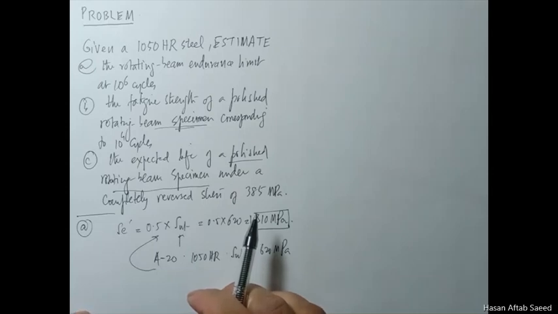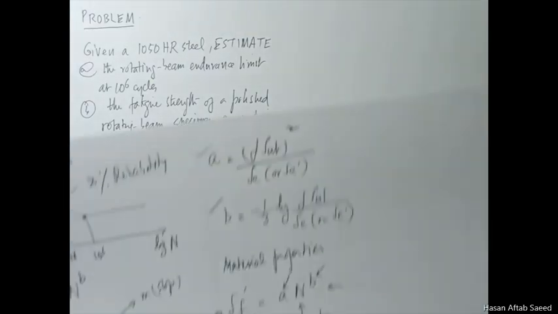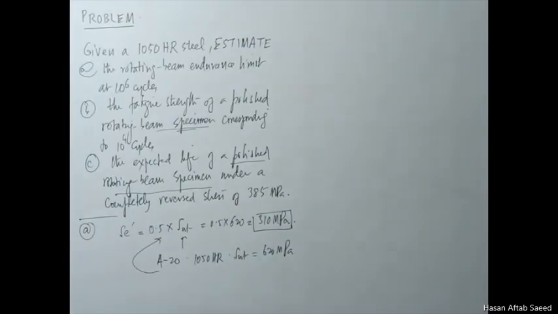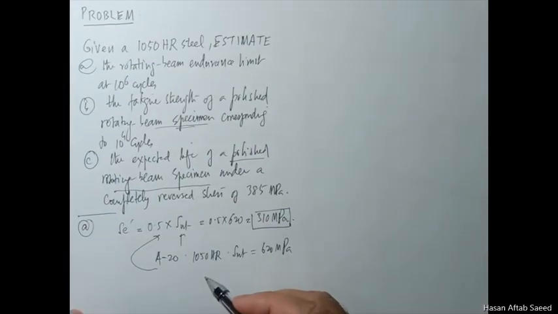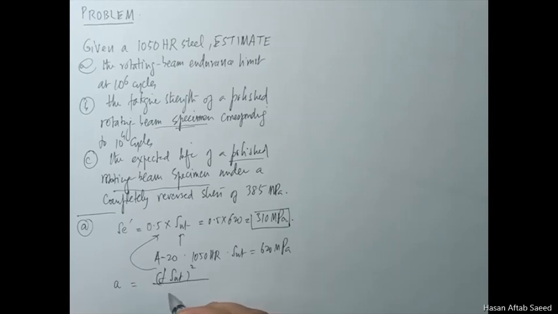Now for part B, obviously we need to use these two equations. But for these equations, we need to know A and B. So let's calculate A and B using the formula we just derived. A is equal to F SUT squared over SE prime, again prime because we are in the experimental specimen domain.